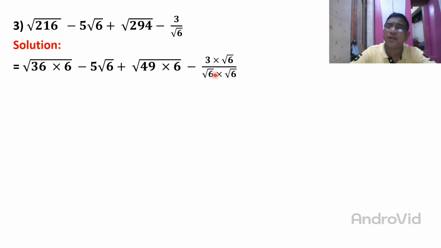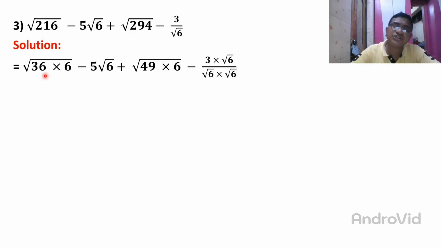If here is root 3, multiply by root 3. If here is root 5, multiply by root 5. Whatever number is in the root, multiply that to the denominator as well as to the numerator. Do you understand?